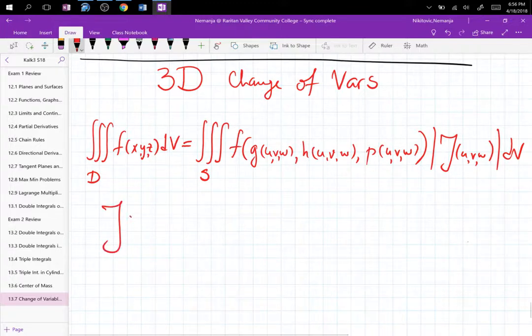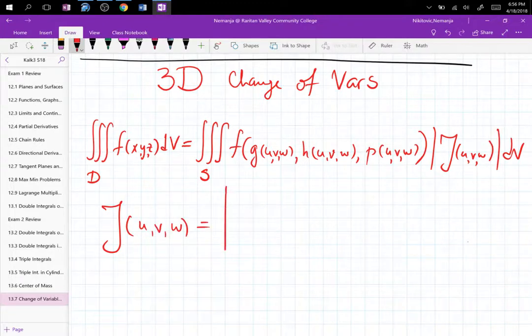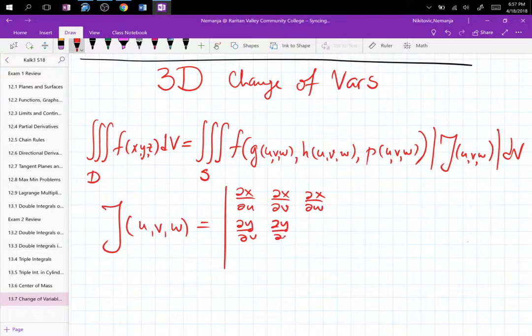So what's our Jacobian of (u, v, w)? It's gonna be busy. So it goes first row dx, second row dy, third row dz. So partial x, partial u, partial x, partial v, partial x, partial w. Next row: partial y, partial u, partial y, partial v, partial y, partial w.